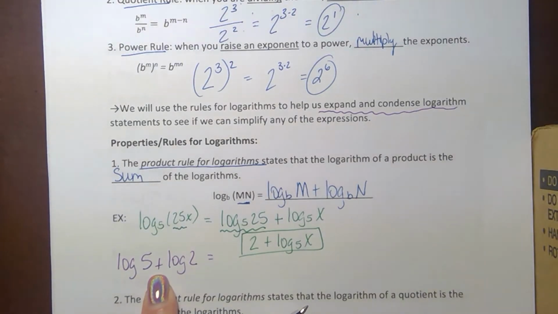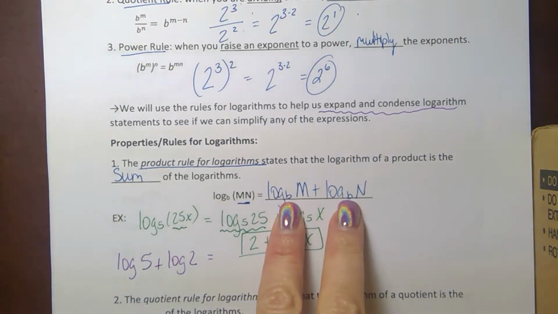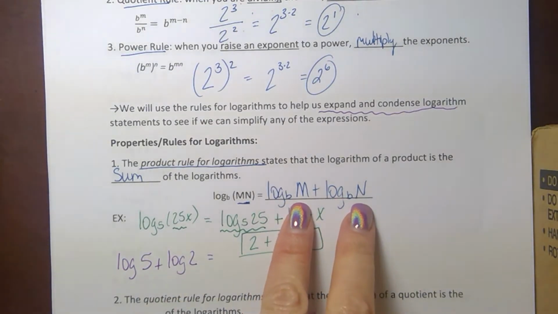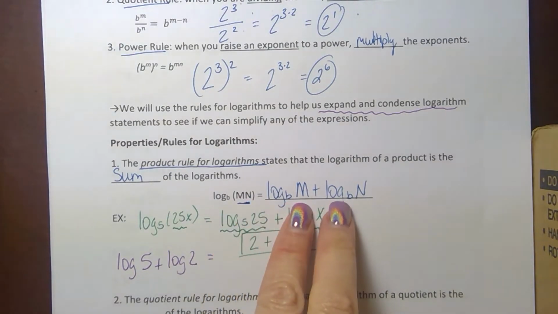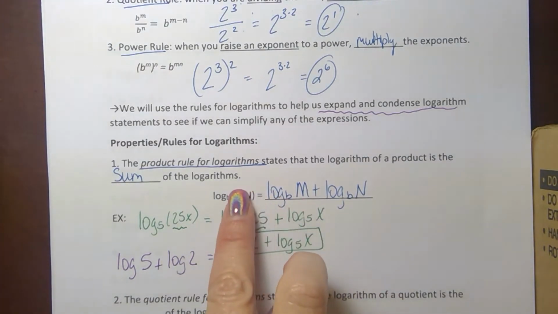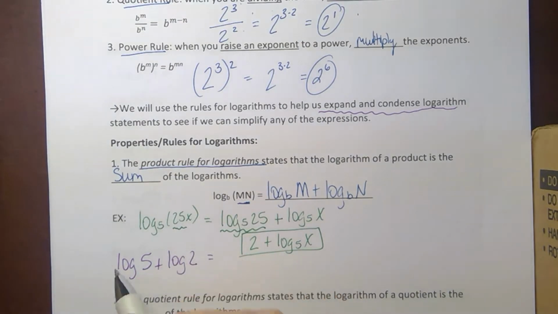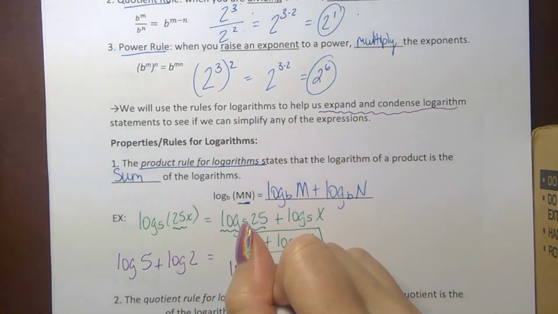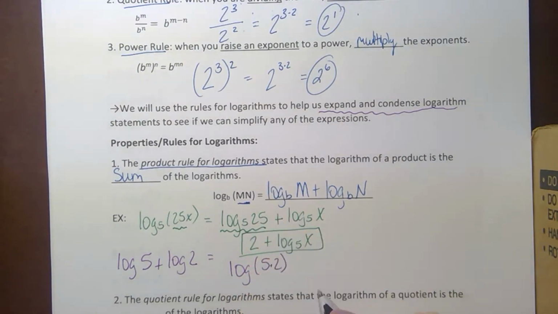I'm adding 2 log statements with the same base. If I'm adding the 2 separate statements, that means I can combine them by showing that the argument is a product of the 2 individual arguments, because addition pairs to multiplication. So I can rewrite log of 5 plus log of 2 as log of 5 times 2.